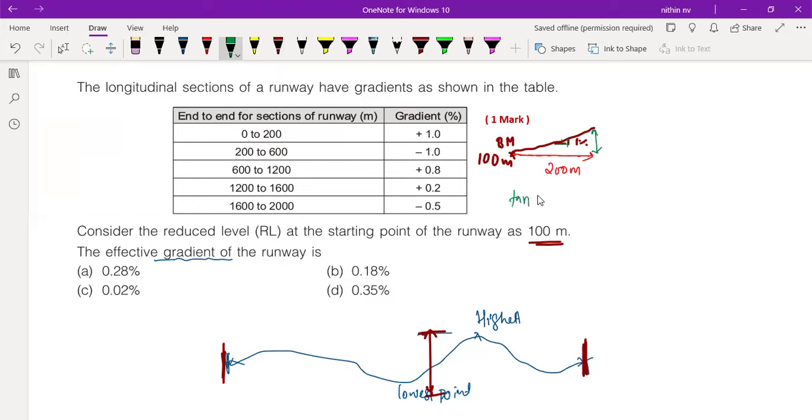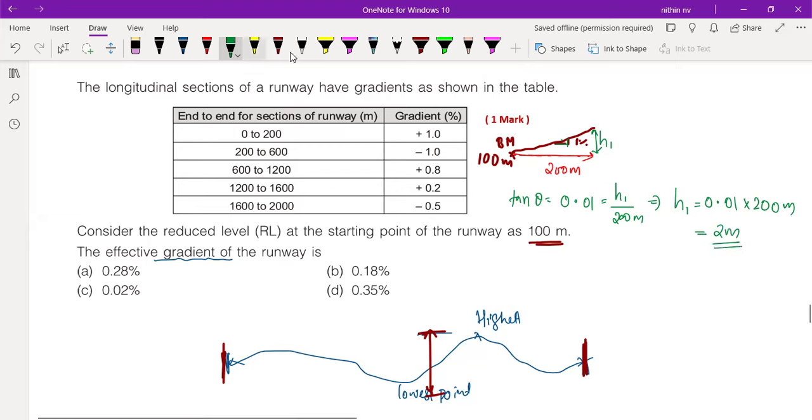This height, if I'm just putting h1, divided by this horizontal distance 200 meter is nothing but 0.01, which means h1 will be 0.01 into 200 meter. Then how much will be h1? That's going to be 2 meters, simple.